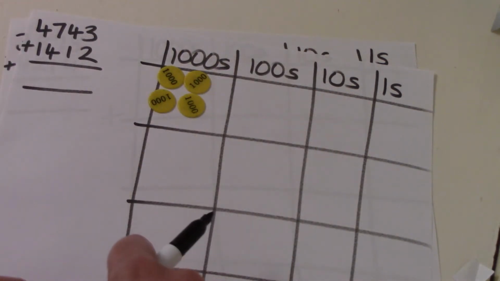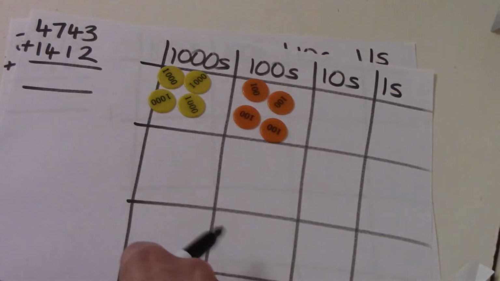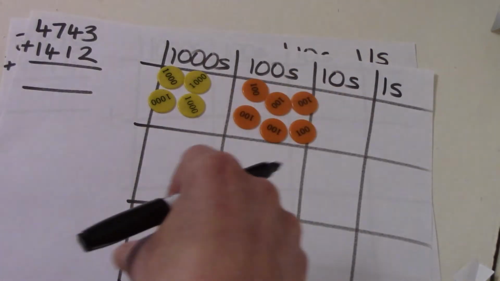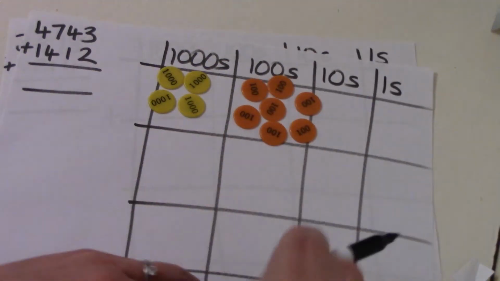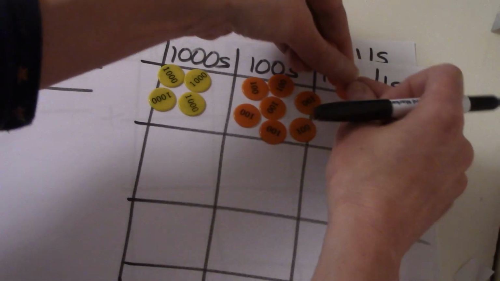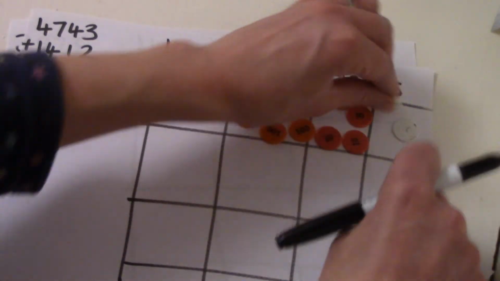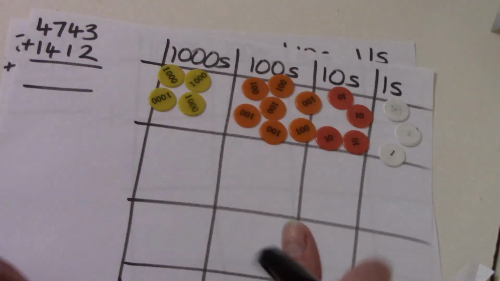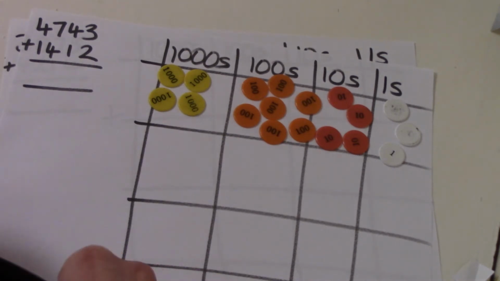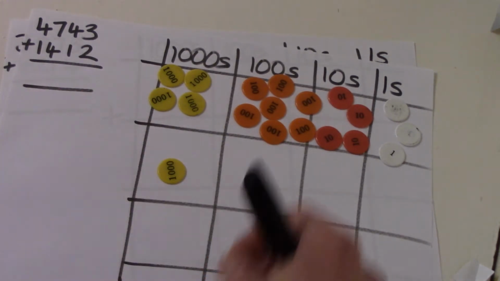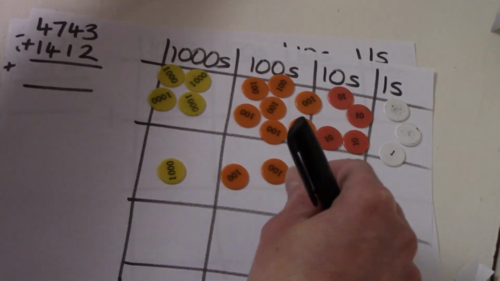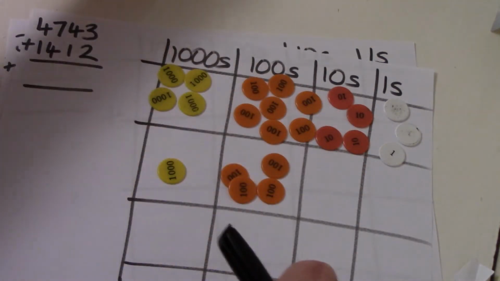4,000. 700. 40 and 3, and we are going to add 1,412.